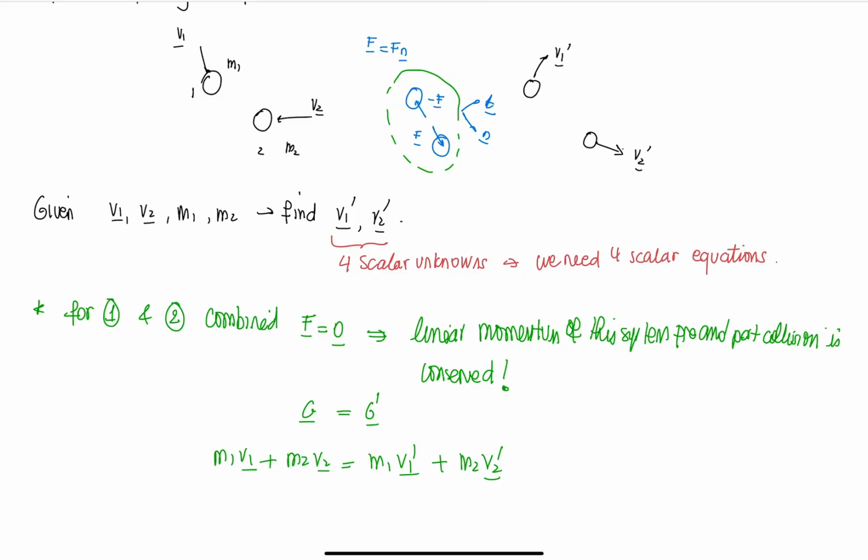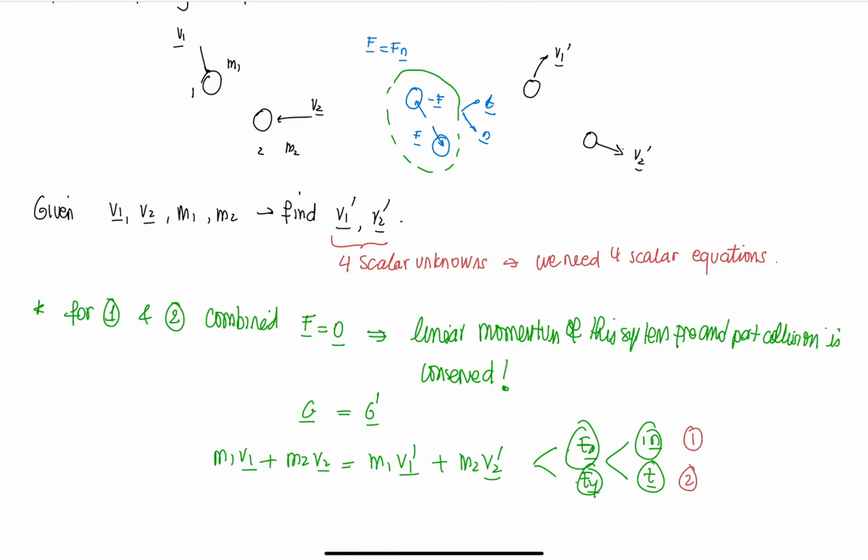Great! That's a vector equation in the plane that we can project along ex and ey, for example, or we can project it along n and t equivalently to obtain two equations. 1, 2. I'm so happy we're making progress.